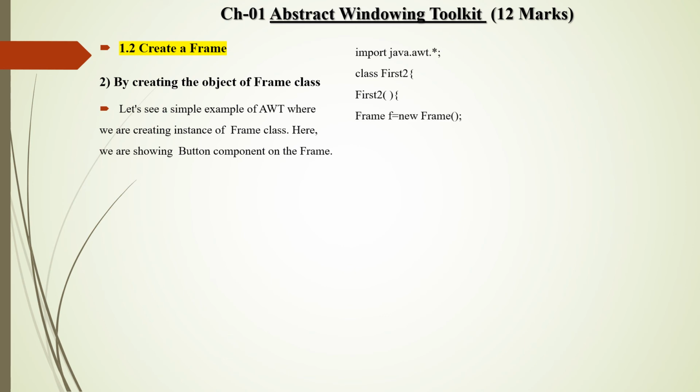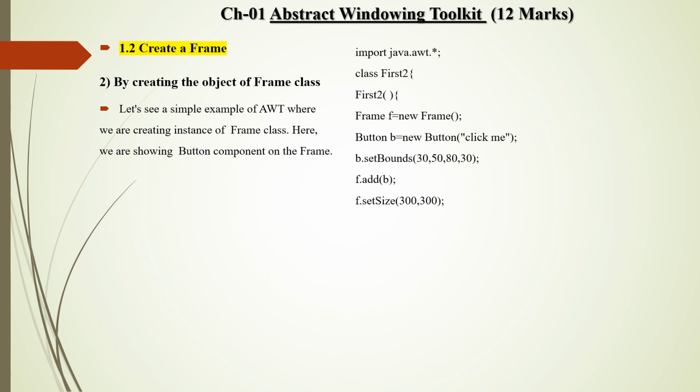Next we create the object of the Frame class, that is an instance of the Frame class. Frame f = new Frame(). So f is the object of the Frame class. Next we create one button, then we set the position of the button by the setBounds method. Then we add the button in the frame.